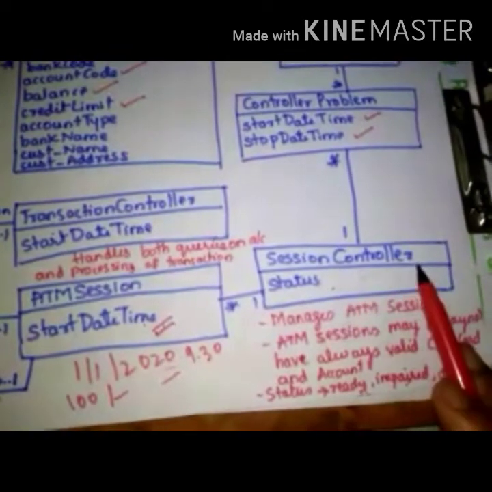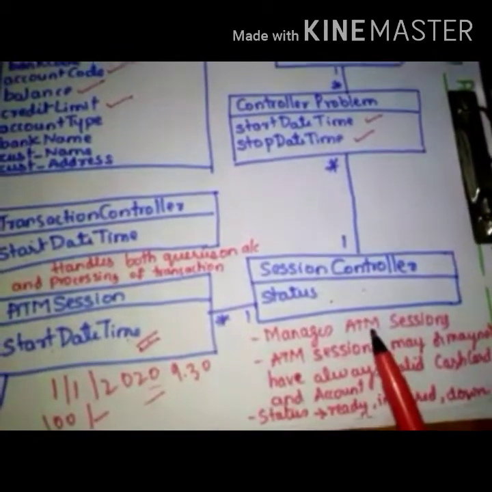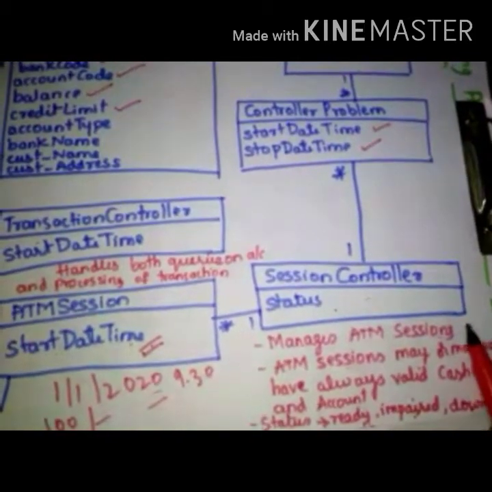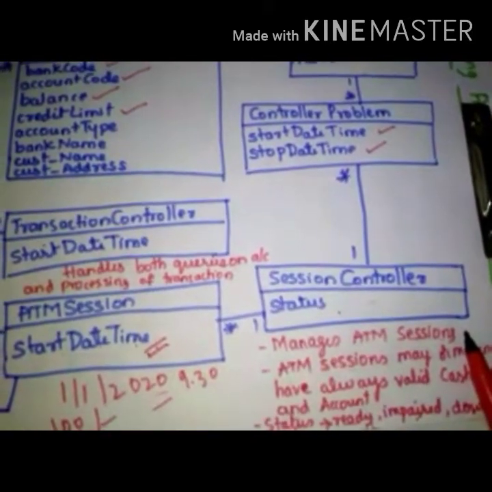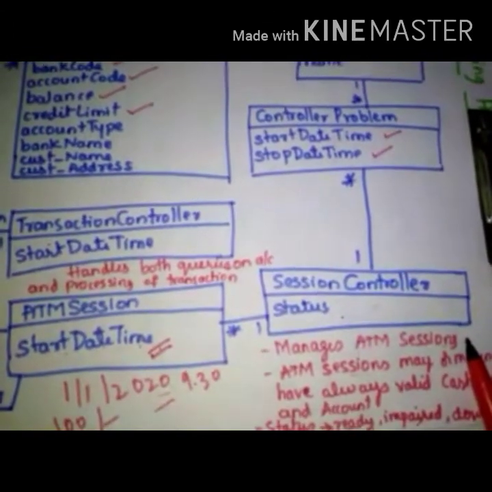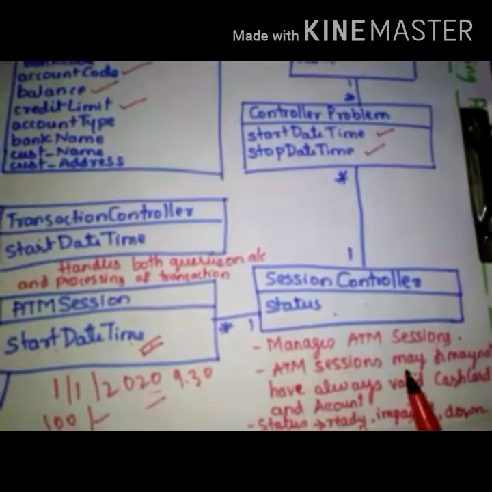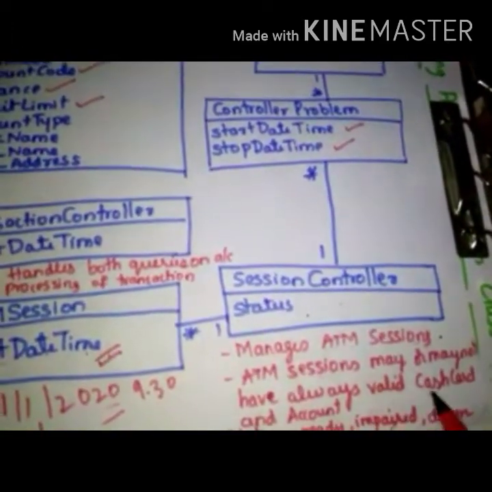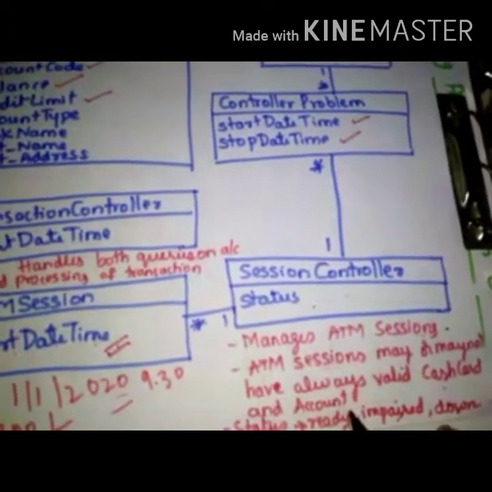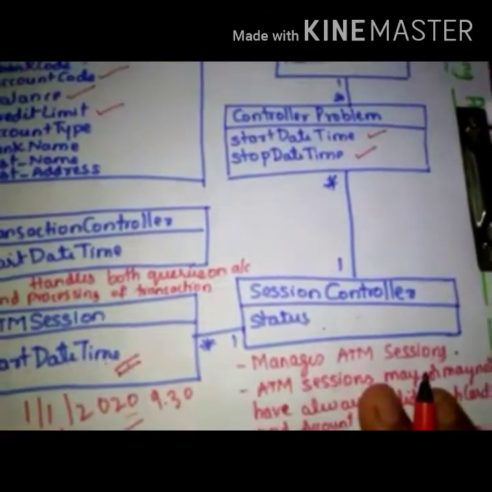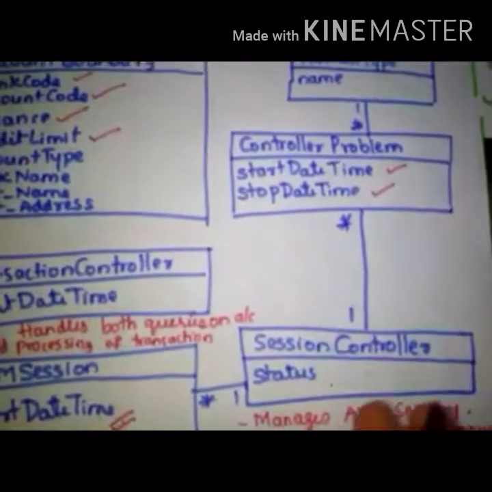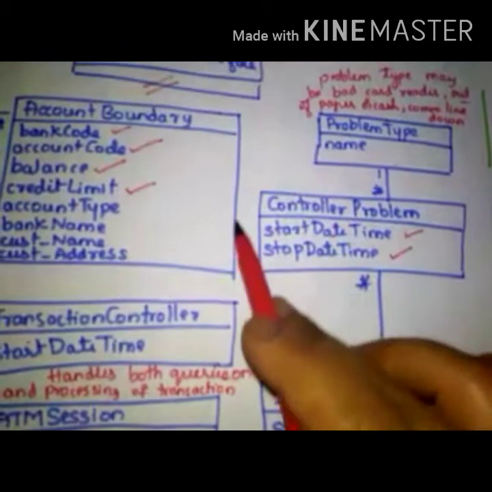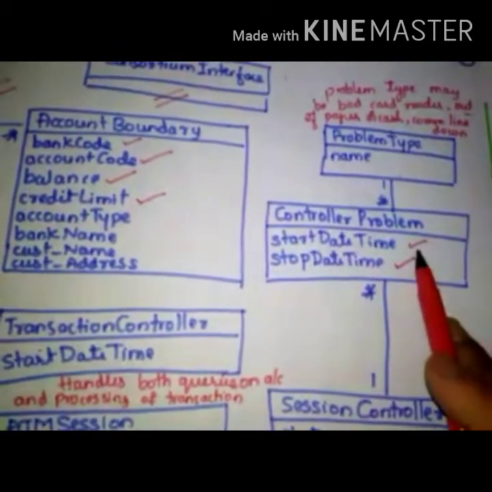This particular session controller is managing the ATM sessions, which the customer has asked for to get some service. That service may be withdrawal or transferring the fund or balance inquiry, whatever it may be, right? So we know the customer may not always enter the valid cash card or valid account information. He may make some mistake, right? So during this particular session, if some problem has arisen, it will be taken care of by the controller problem, right?